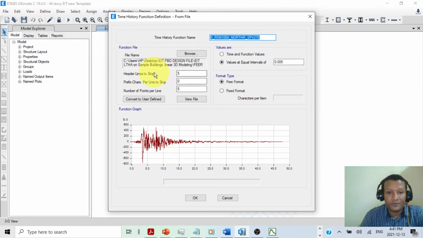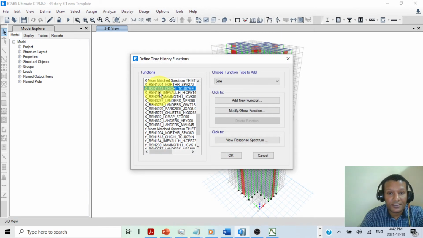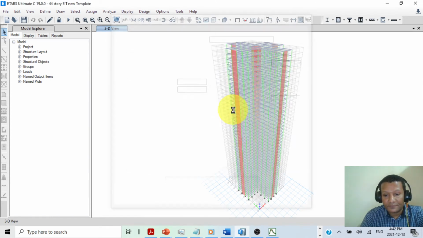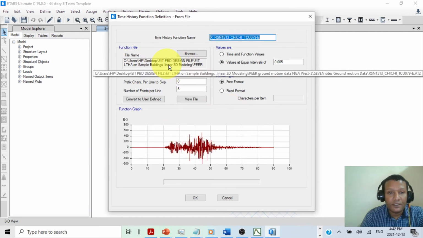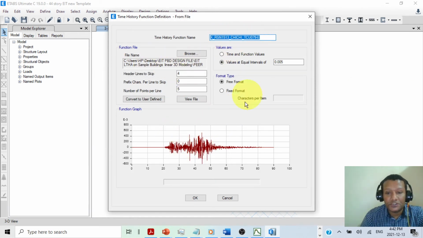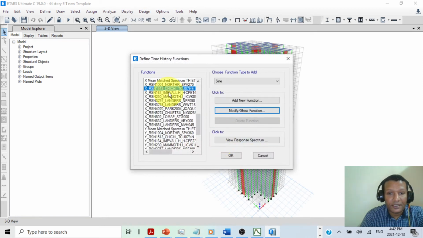You see, this is the RSN Northridge data. This is RSN 150 Chichi, modify show. This is the Chichi earthquake, Imperial Valley. This is Chichi, again Imperial Valley.